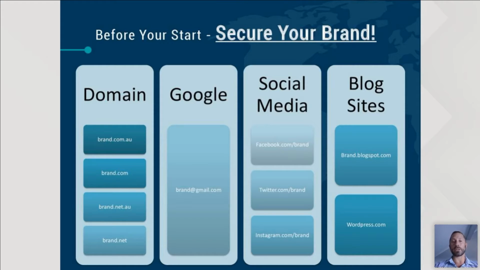It basically announces to Google that I am an Australian business, and the .com is just as powerful. We've been able to position websites that had a .com TLD just as well as .com.au.